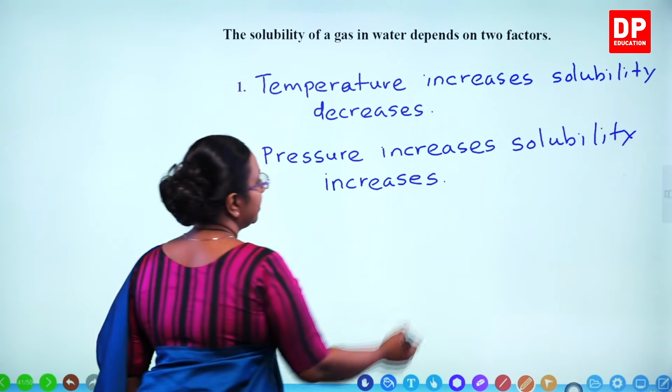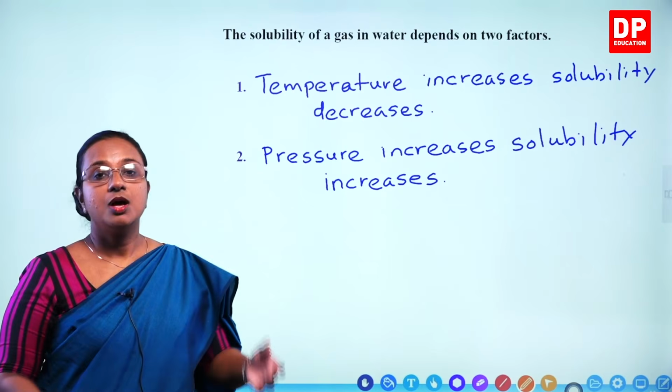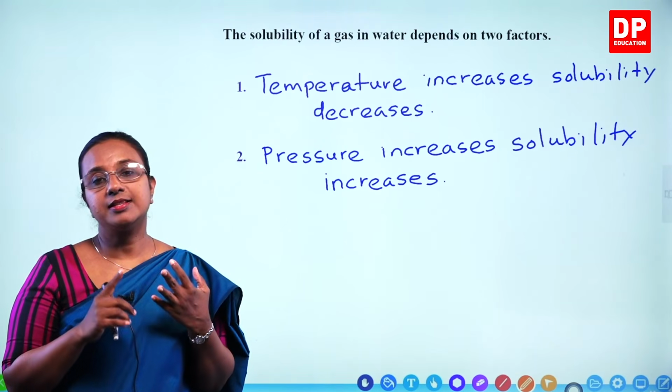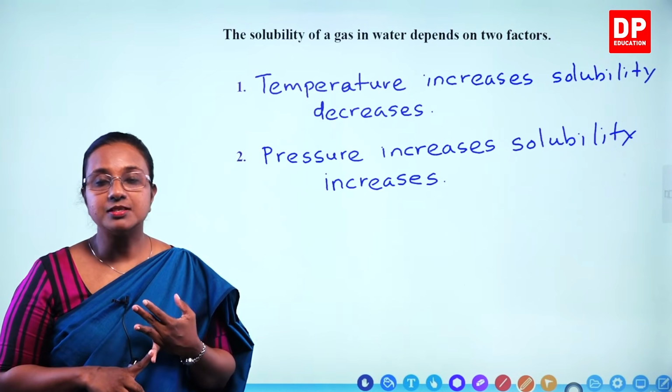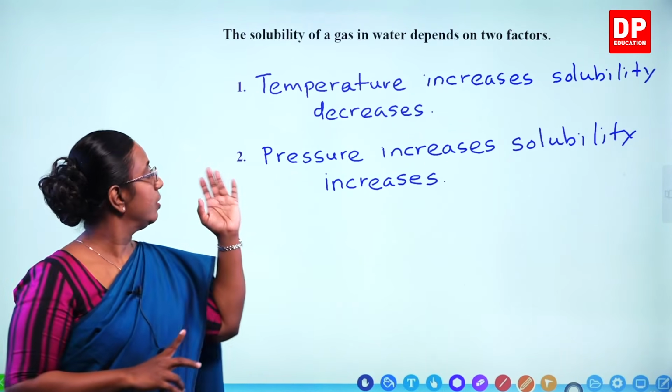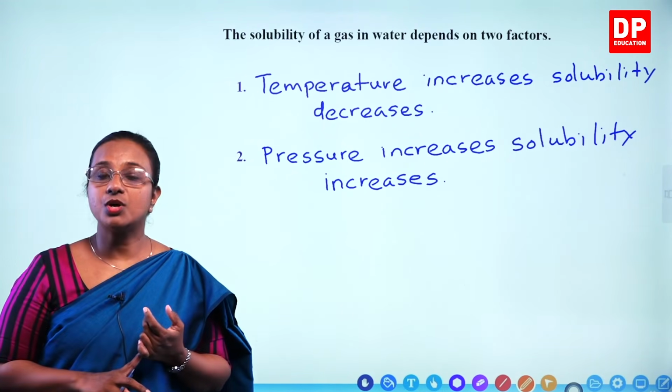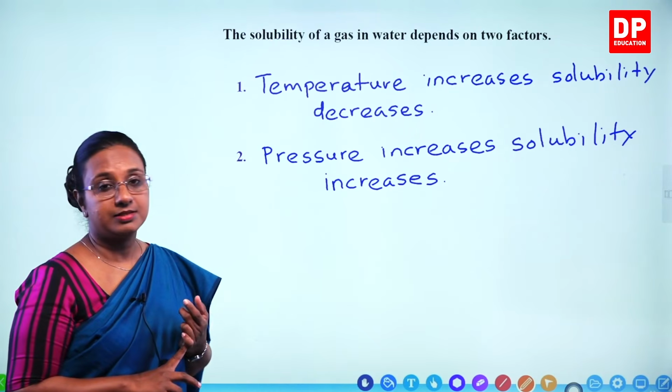So, there are only two factors. One is temperature, the other one is pressure. When temperature increases, solubility decreases. When pressure increases, solubility increases.